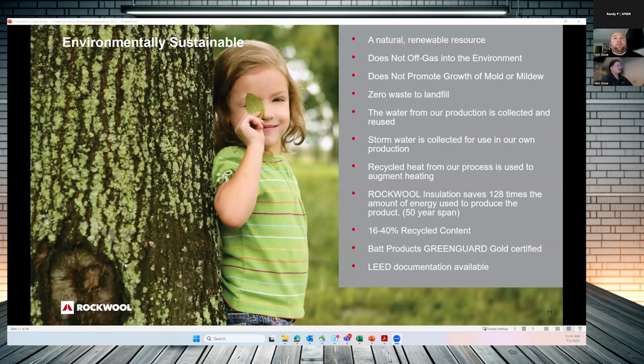Looking at the environmental sustainability side of things, Omar, why don't you run us through the different characteristics from an environmental standpoint? This is kind of a brief overview. This is an AIA within itself, but just touching on the high points here. Yeah, so Nick, this is actually probably one of my favorite slides, because it talks about how environmentally friendly stone wool is. It's a natural and renewable resource. It does not off gas into the environment, which is a really big deal. It does not promote growth of mold or mildew of any kind.